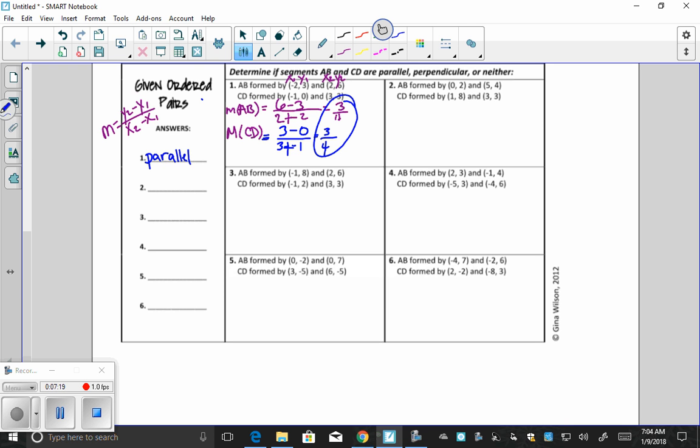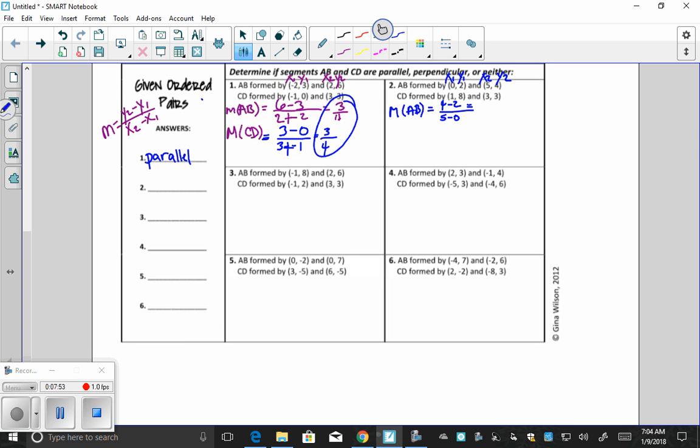So let's look at number 2. X1, Y1, X2, Y2. And I'm going to do 4 minus 2. I'm still using the same formula for all these. Over 5 minus 0.